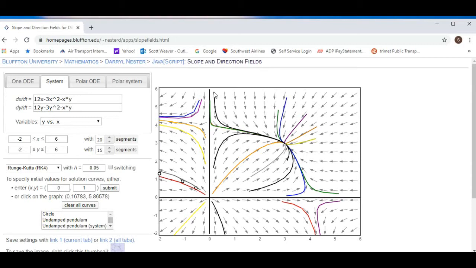So what we had was a star point at the origin, an improper sink at (3, 3), and then saddle points at (4, 0) and (0, 4). So now we can put all that information into a phase portrait to represent what is going on.